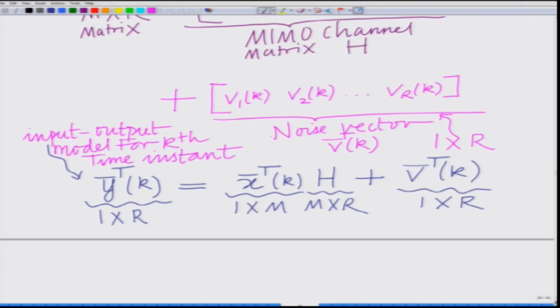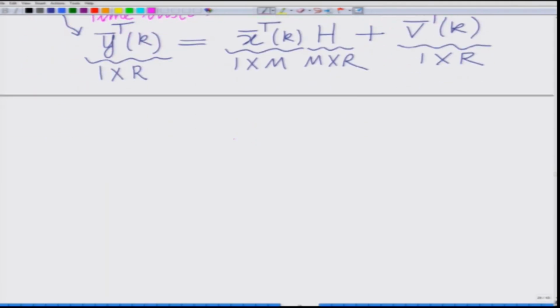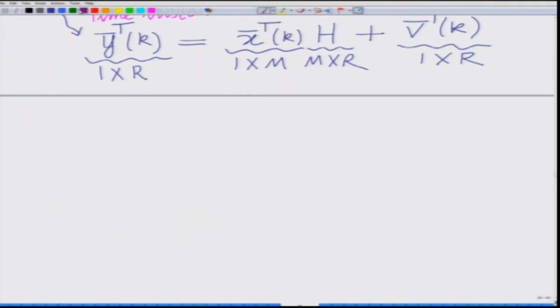This is the input output model for the kth time instant, alright. Now, this is for a particular time instant k. Let us consider the transmission of n pilot vectors, that is, let us consider n transmission instants.